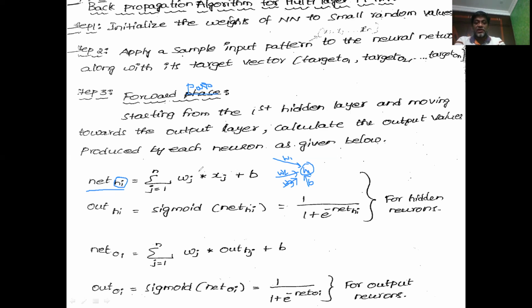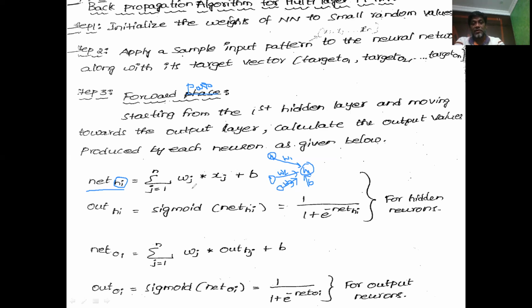So then the net weight is calculated as Wj into Xj. That means if the input pattern is X1 here, X2 here, and X3 here, then the formula for calculating net H1 will be W1 into X1 plus W2 into X2 plus W3 into X3 plus bias.